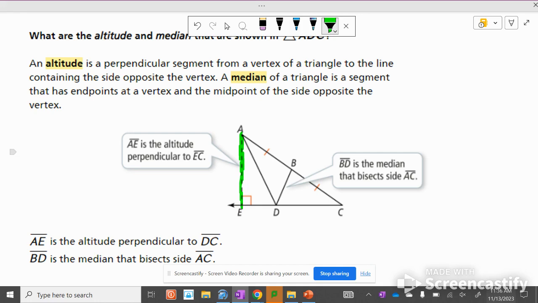So you have to extend the one side. BD, if that goes to the midpoint of the opposite side, then that's a median. Sometimes medians and altitudes are the same line. Sometimes they are not.